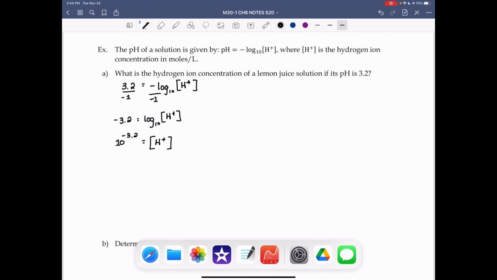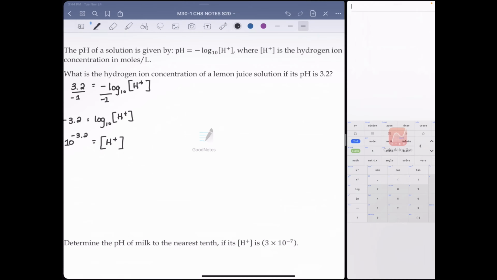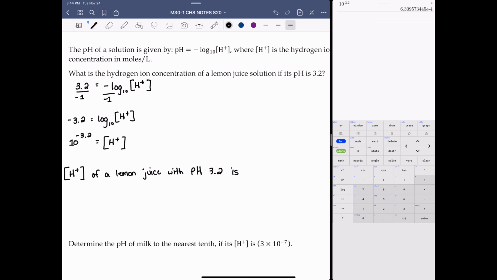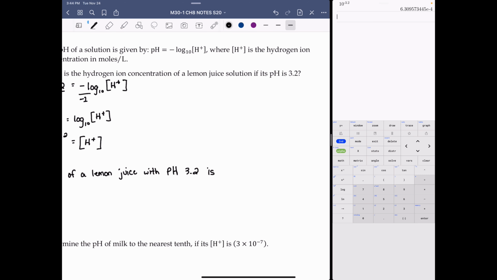Then we can calculate that. 10 to the power of negative 3.2 gives us this number. So the hydrogen ion concentration of a lemon juice with pH 3.2 is, if we write this in scientific notation, 6.3095 and so on E negative 4.